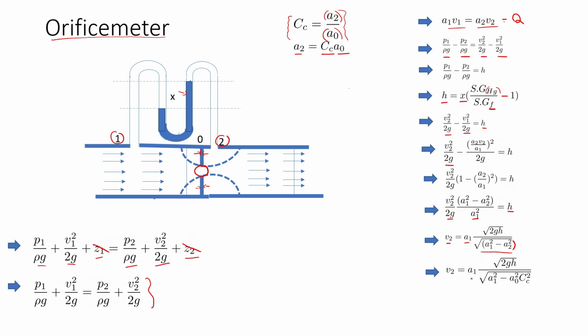If you substitute here, V2 is equal to A1 into root of 2gH by root of A1 square minus A0 square into Cc square. So V2 is equal to root of 2gH by root of 1 minus A0 square Cc square by A1 square. You are taking A1 outside, so it will be cancelled off.